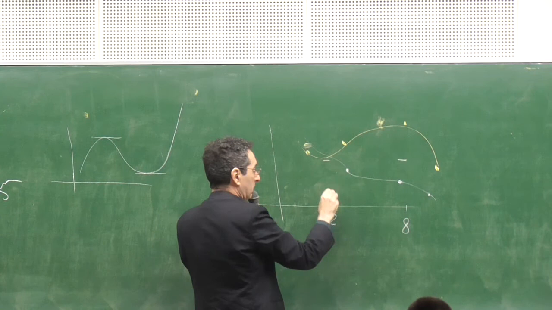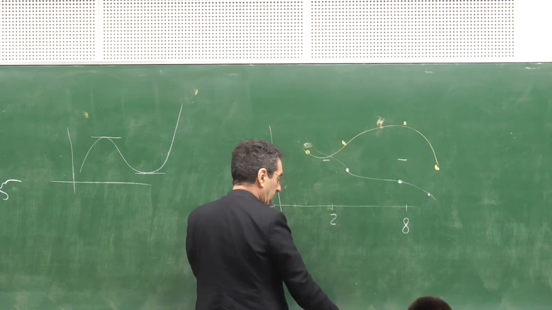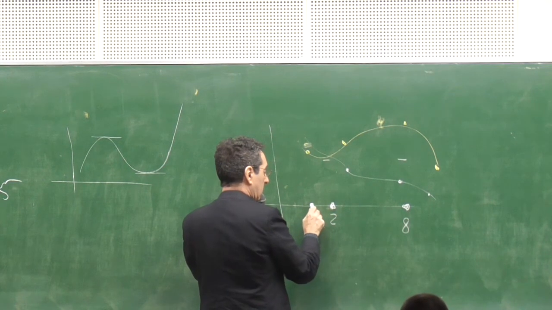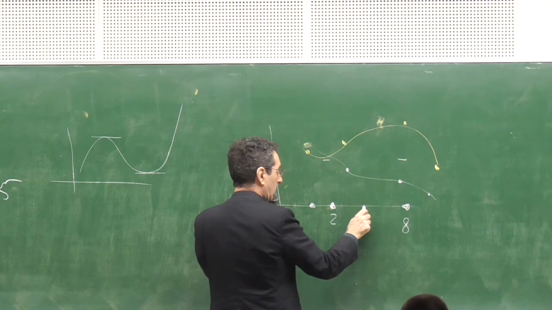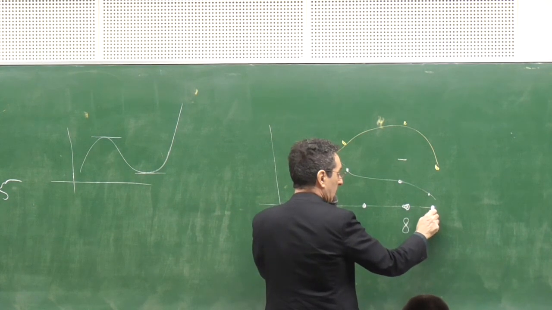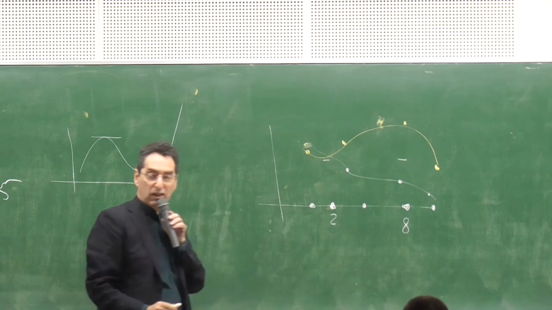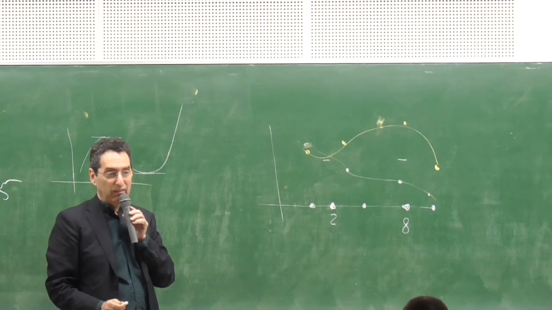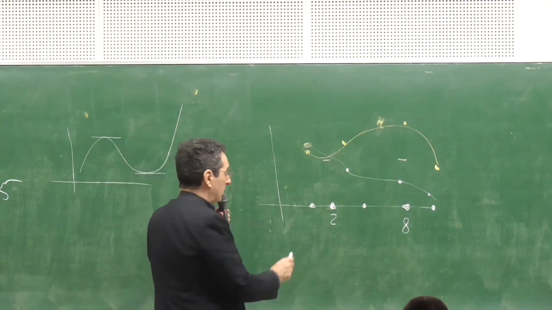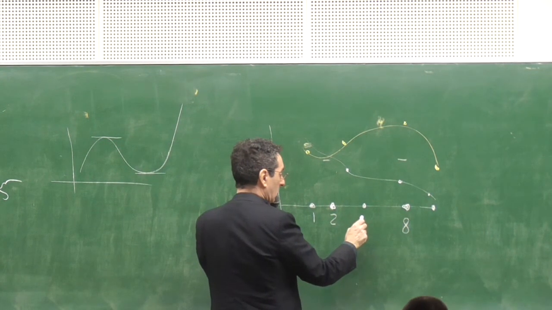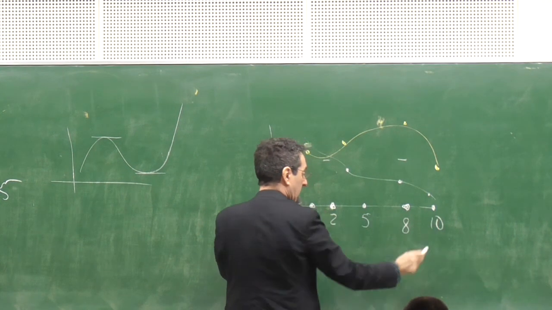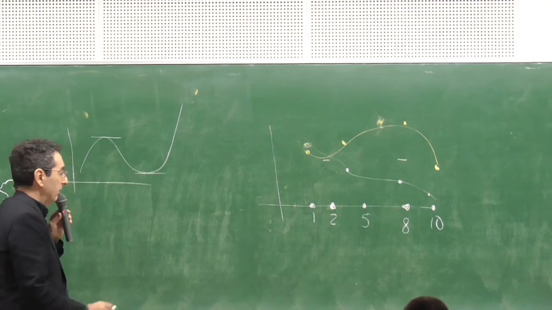So we check 2, we check 8, we check something to the left of 2, something to the right of 2, which we can also use for to the left of 8, and something here. So if we check those points, we can figure out whether it's a local minimum or a local maximum. So we'd say 1, 2, let's say 5, 8, and 10. Okay, so let's do that.